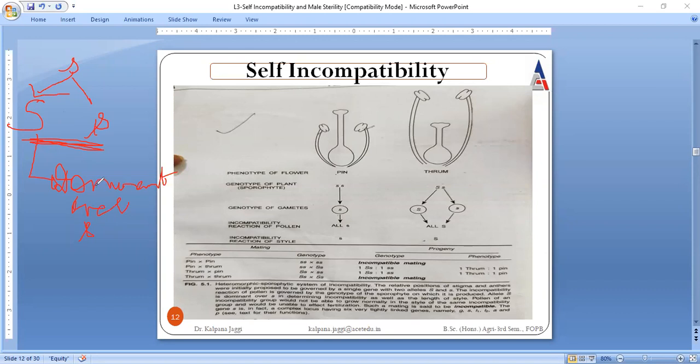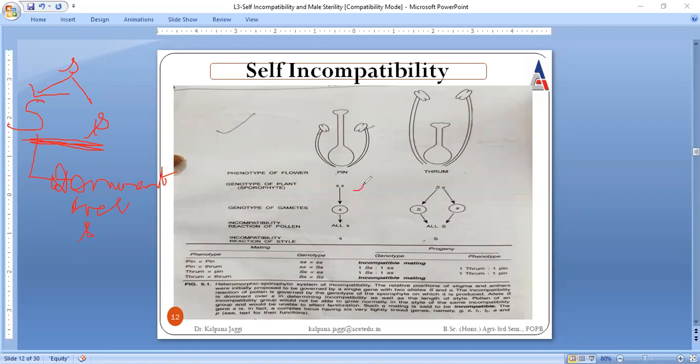In certain species, these two genes control the self-incompatibility reaction, and this is the reason it is said to be heteromorphic sporophytic. Now we will talk about the pin flowers. The pin flowers have the small s small s genotype, and it is this genotype that determines the incompatibility reaction.